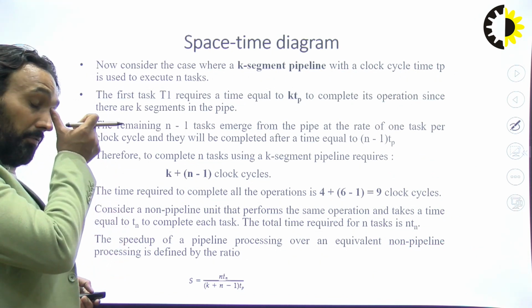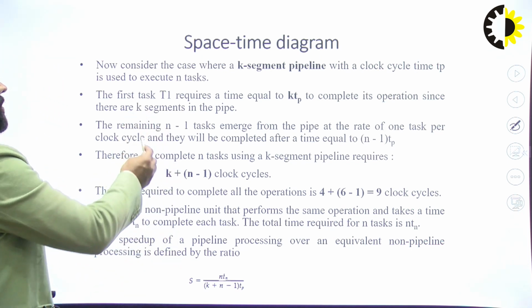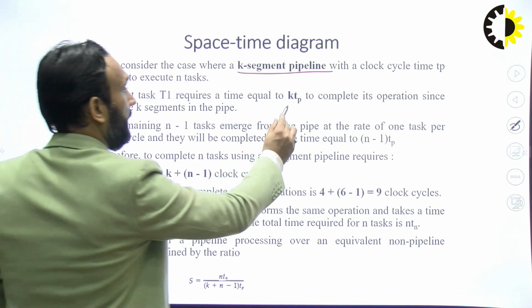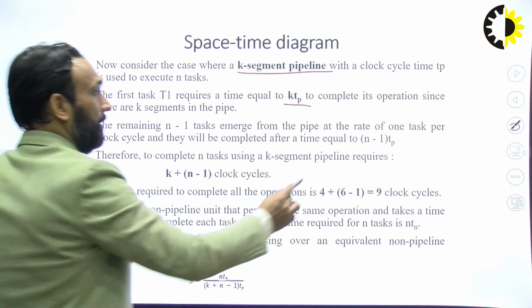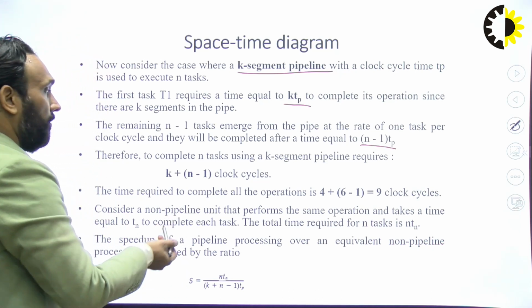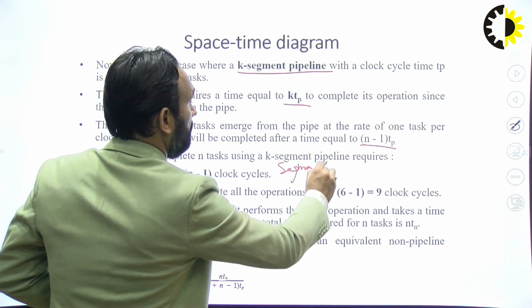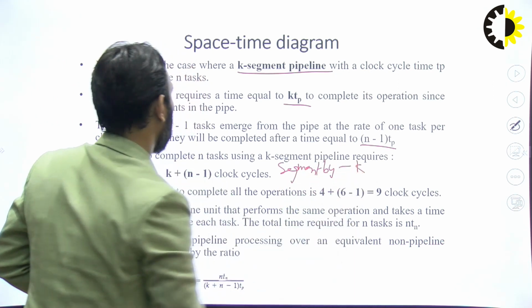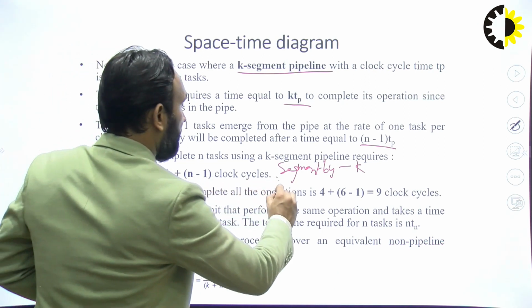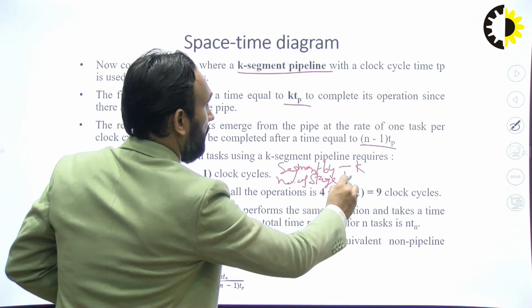Here we have some formulas relevant to the space time diagram. Now consider the case of a K segment pipeline. What is K? What is TP? What is n-1 TP? Here we represent segments by K, and the number of stages by n.